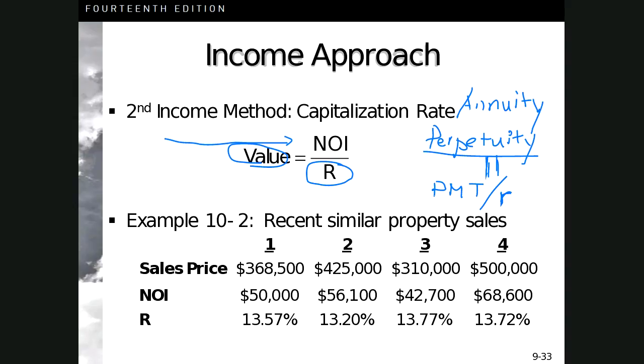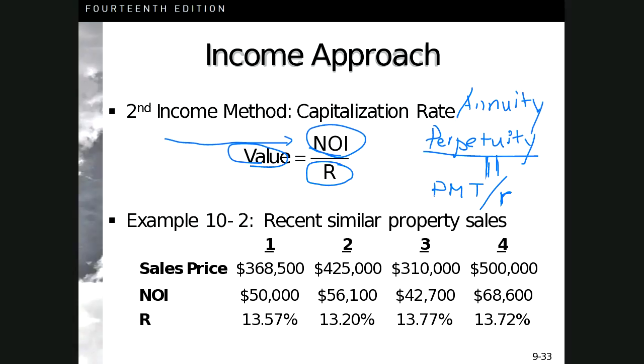Here, we assume net operating income is the payment you are going to get. That's why we try our best to exclude capital expenditure, tax, and all the regular expenses, to make sure this is really a net figure that you are going to get.